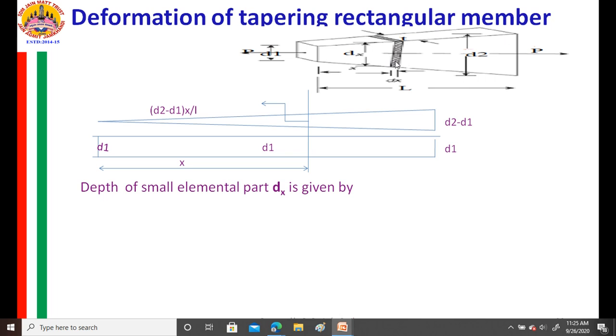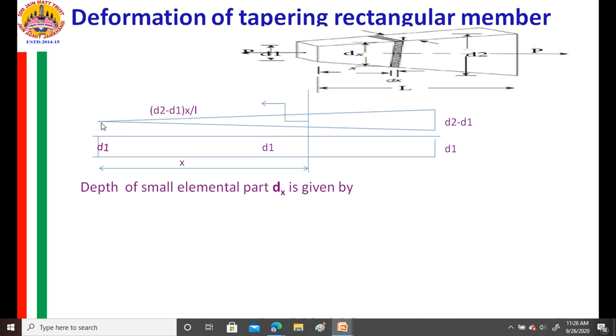I am interested in this length. For this figure, for the whole length, depth is constant and is equal to d1. Therefore, it should be d1 plus this particular dimension. How are we going to get this dimension?